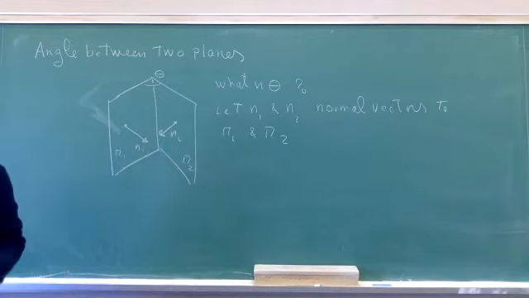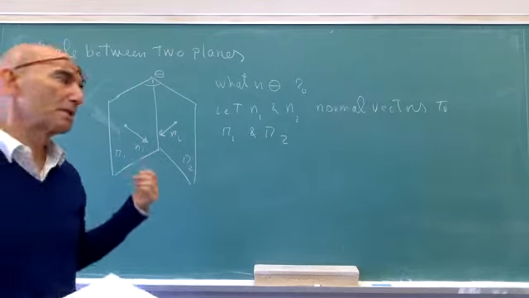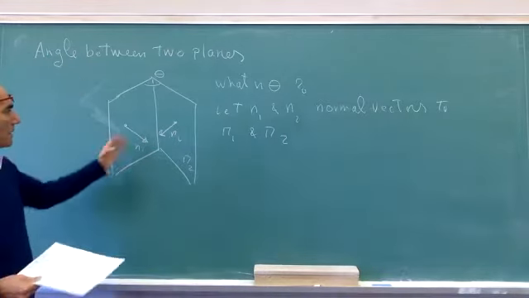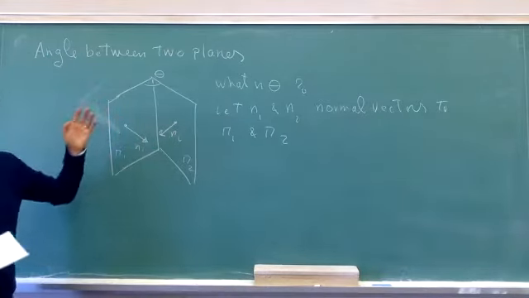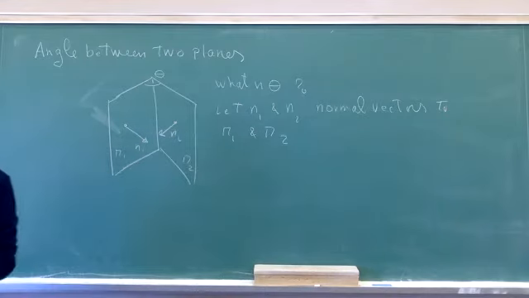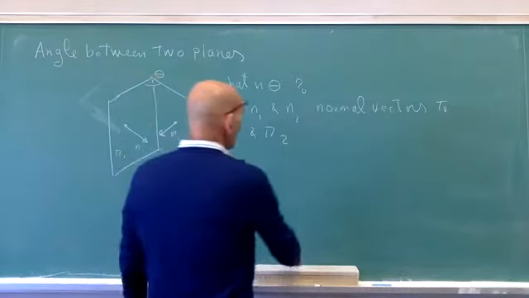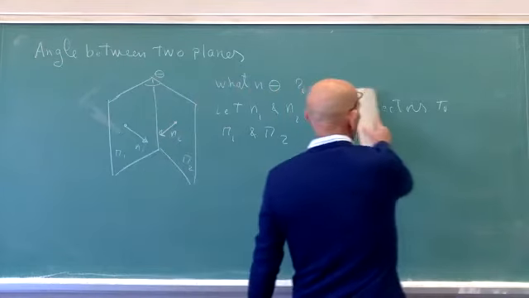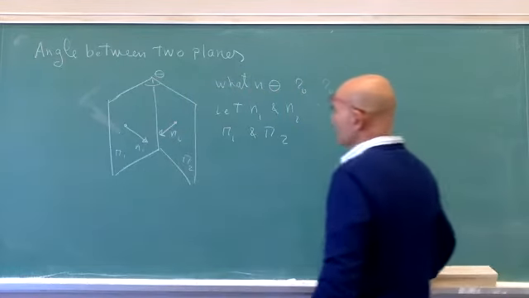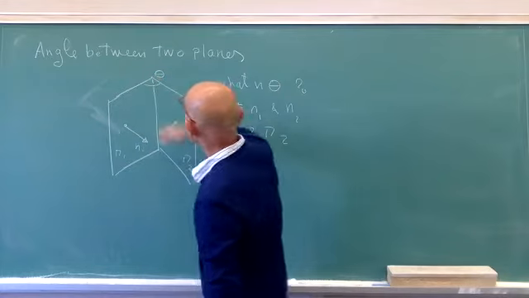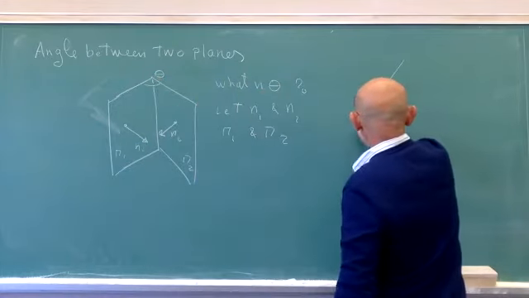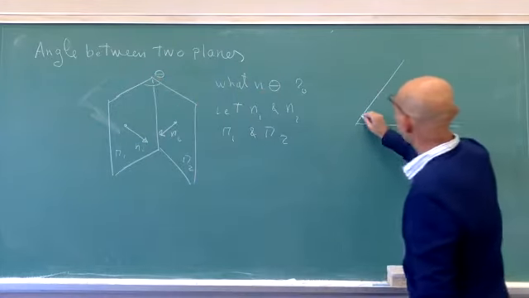That's the thing. If you think about it just like that, it's not very clear really what the angle would be and how to calculate it in terms of N1 and N2. But I can tell you this, look, take these two lines. Imagine these are your two lines, and this is like theta.